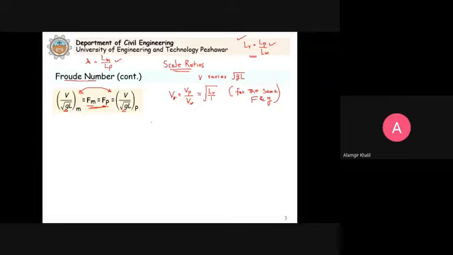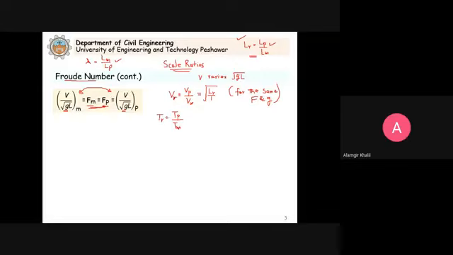For example, let us consider Tr. We consider the time scale ratio. So Tr will be equal to time in the prototype divided by time in the model.